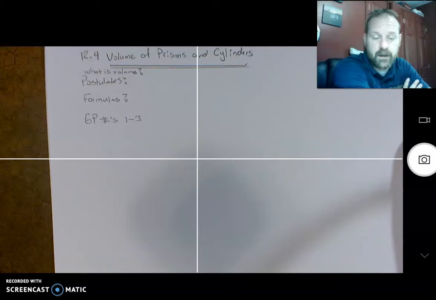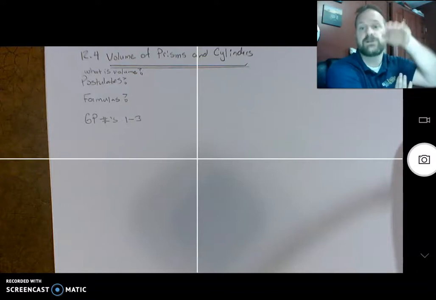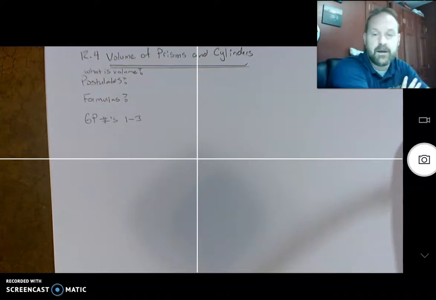You'd fill up a tub of water, take a heavy object and put it in the tub, and how much the water increases would be the volume.